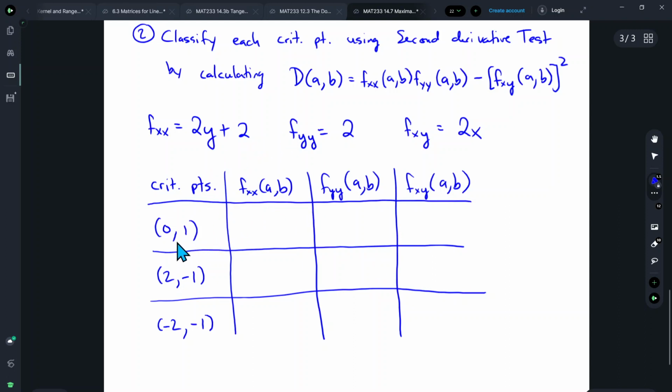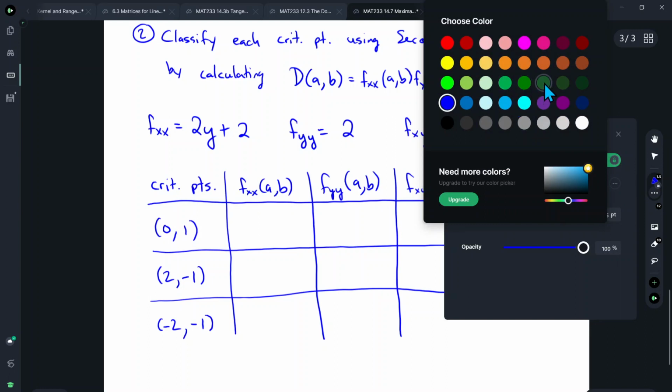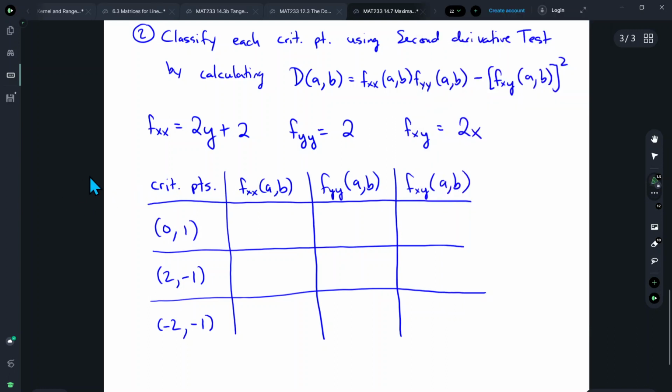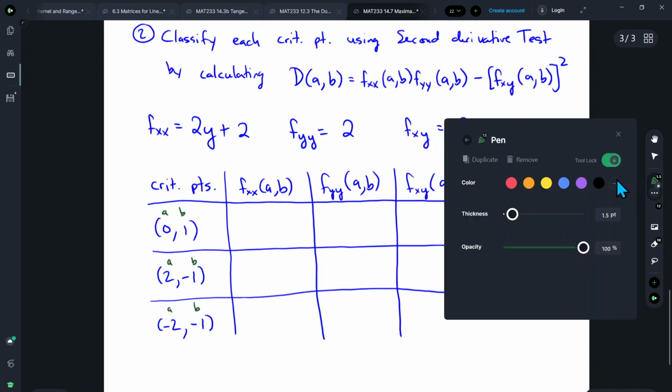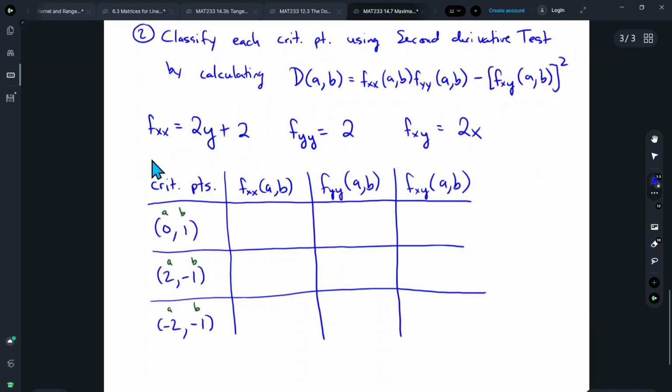Okay, so for each of these, I'm just plugging in the x and the y values, right? So let's just make a notation here. So this is A and this is B. Right, this is A, this is B, this is A, this is B. So if I plug each of them into the corresponding second order partial, right?